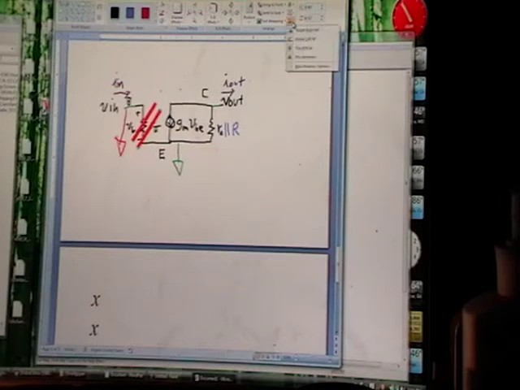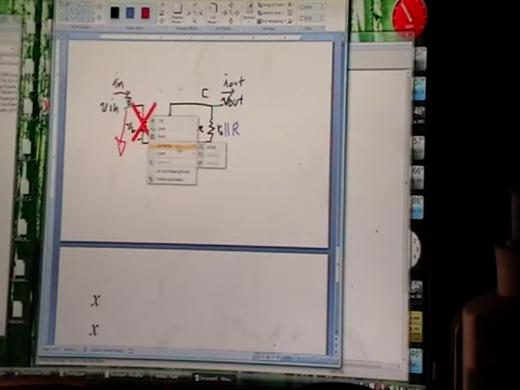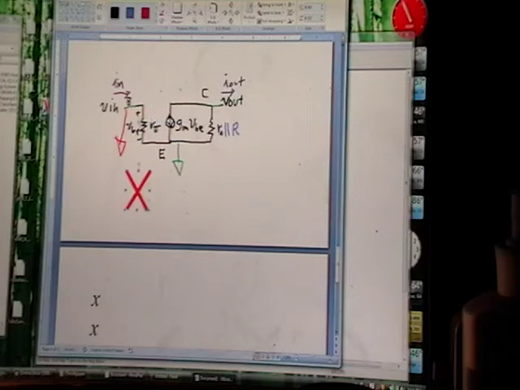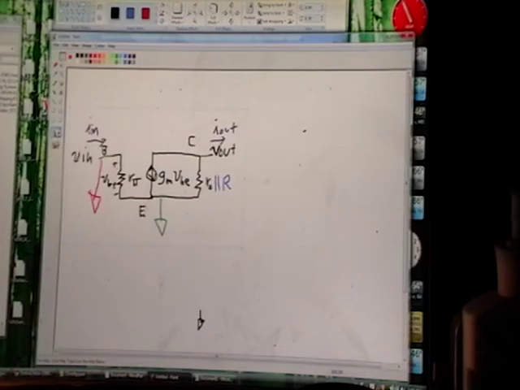And then since VBE equals 0, there's no current going across there. But if VBE is 0, then 0 times GM means this goes away. And this is gone too. Okay, so let's see what's left here. If you get rid of those two things, all that is left.